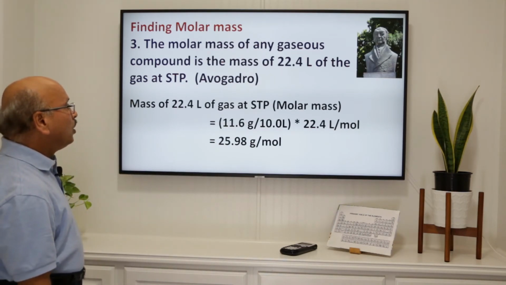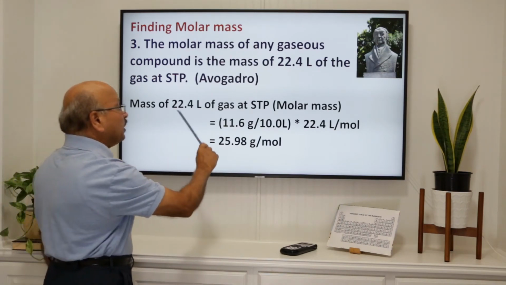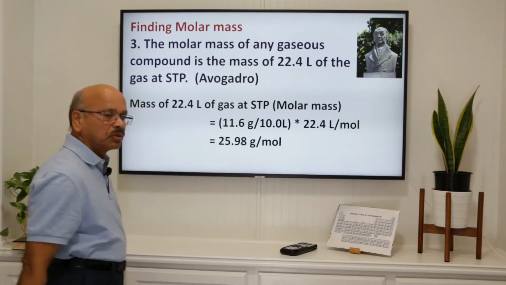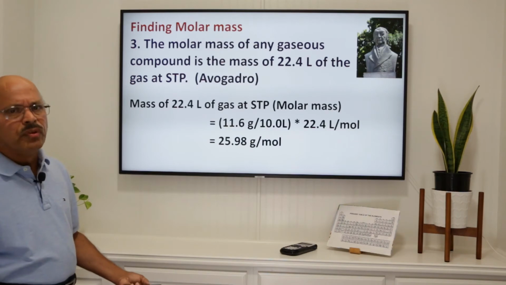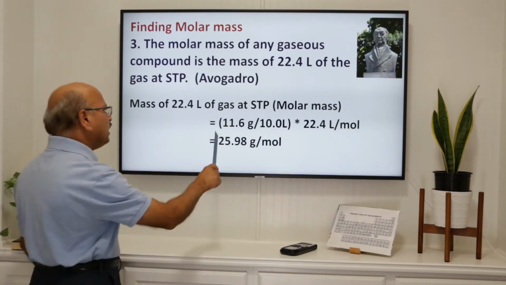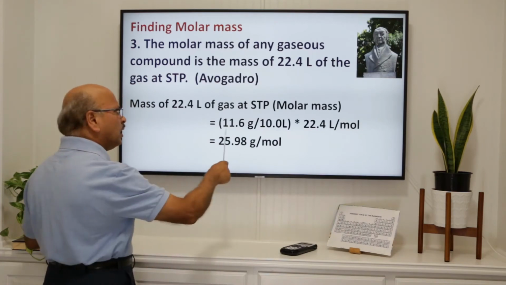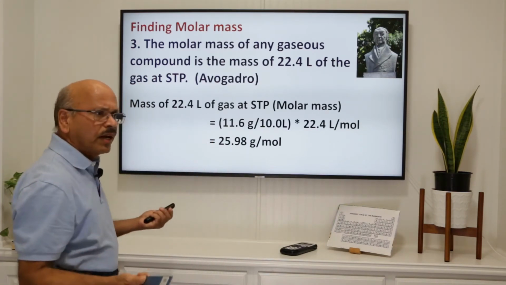From the problem, it is given that 10 liters of the gas has a mass of 11.6 grams. You can use dimensional analysis if you want, because you can say that 11.6 grams and 10 liters are equivalent. That is the equality, and I use that as a conversion factor.